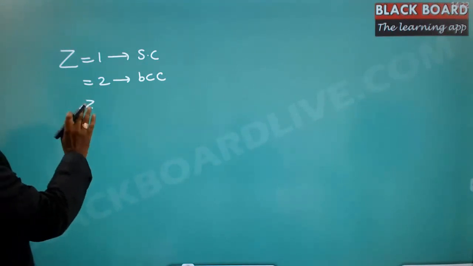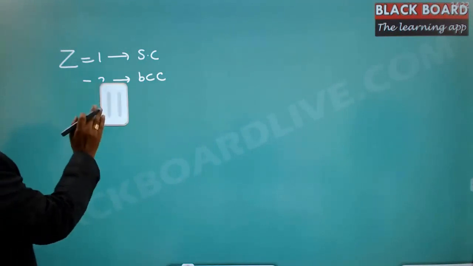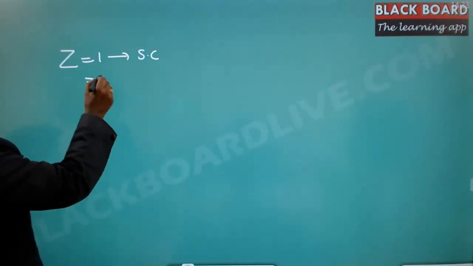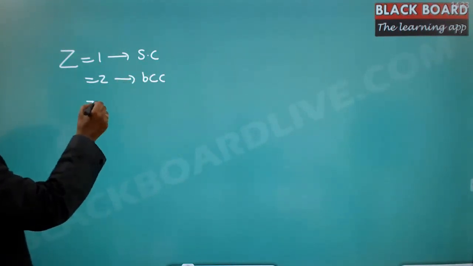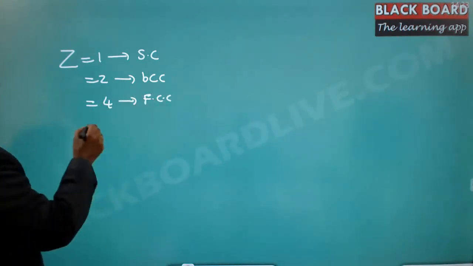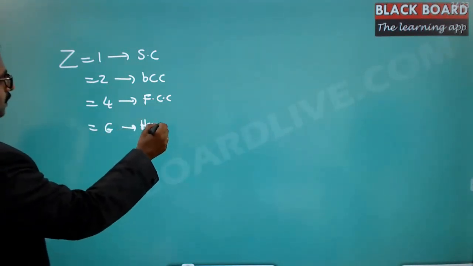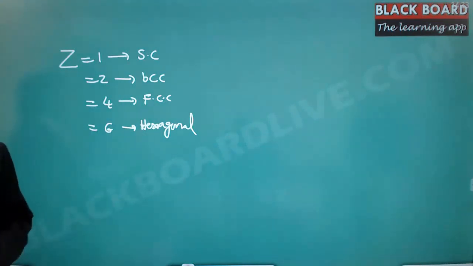Z is equal to 4 for face centered cube. Z is equal to 6 for hexagonal system. These are important bits in the NEET main syllabus.